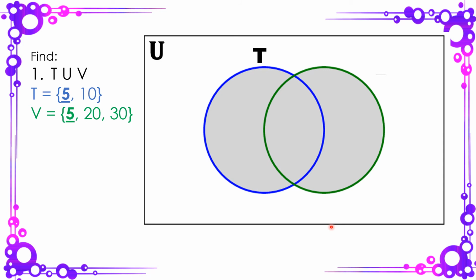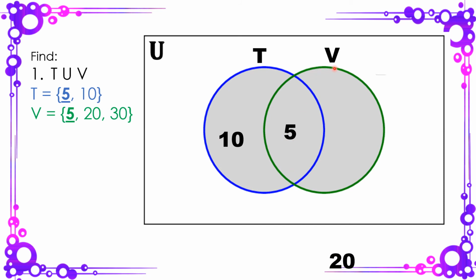And then we have to write T for our first event for the blue circle and V for our green circle. So next is write all the possible outcomes for T. So I have here 10, and then you see here that I write 5 in the middle of these two circles, or the overlapping part of the circle, since they have the same possible outcome 5.